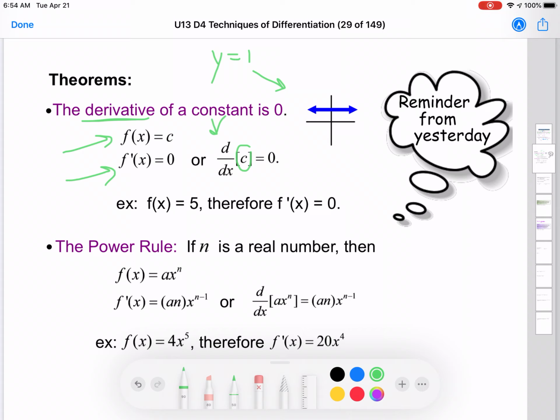So if I give you f of x and I want to find the derivative, I take the exponent, multiply by the coefficient, that's where an comes from, keep the base, and decrease the power by 1. We can also write it in this notation, the derivative. D over dx, the derivative, is equal to as such.